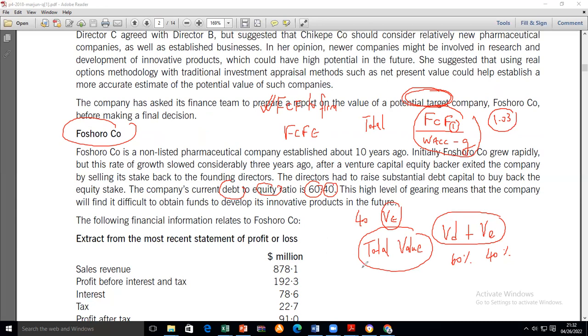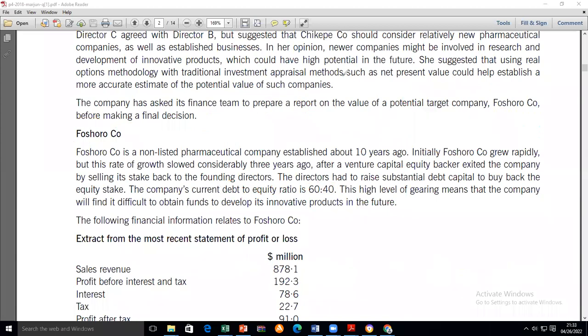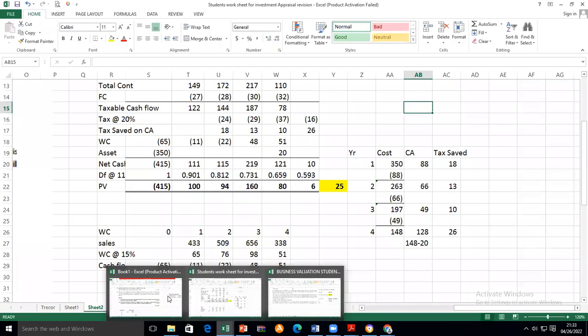What you have calculated is if this company continues running on its own, the present value of all the future cash flows, as an independent company, its value is what we have calculated here.